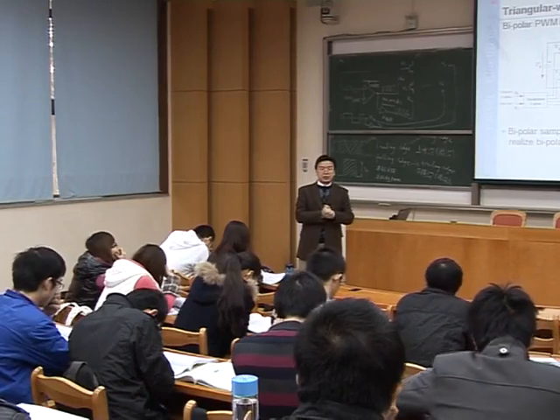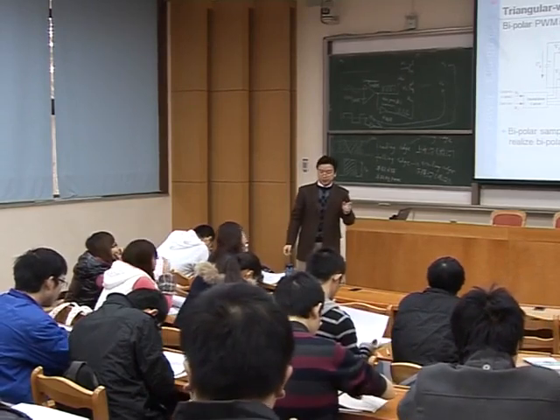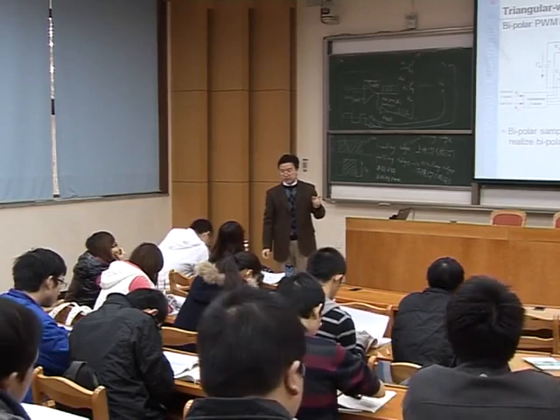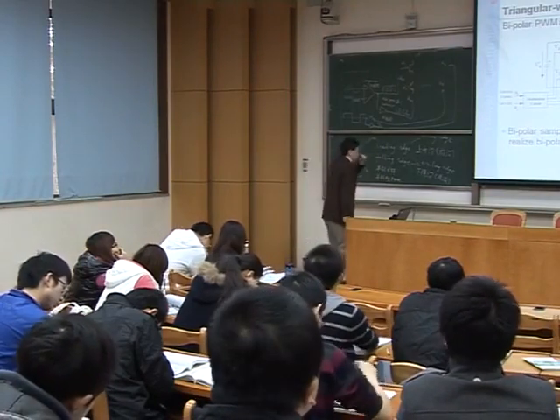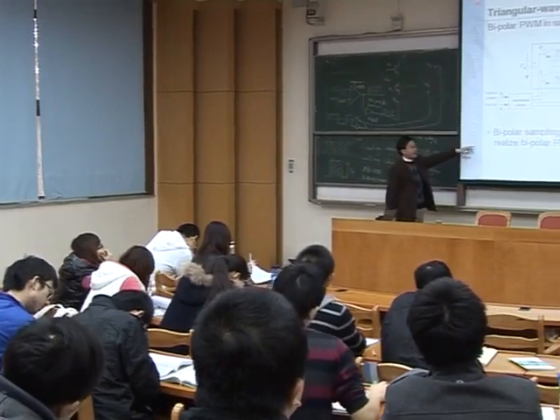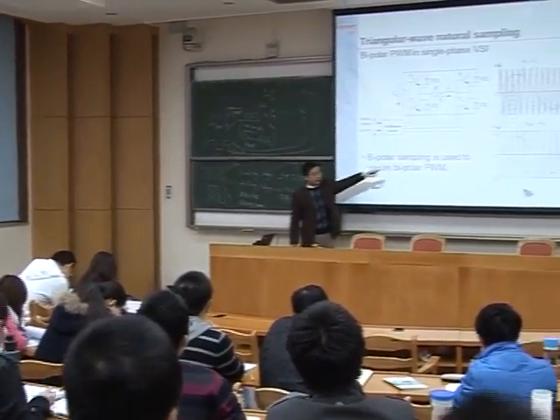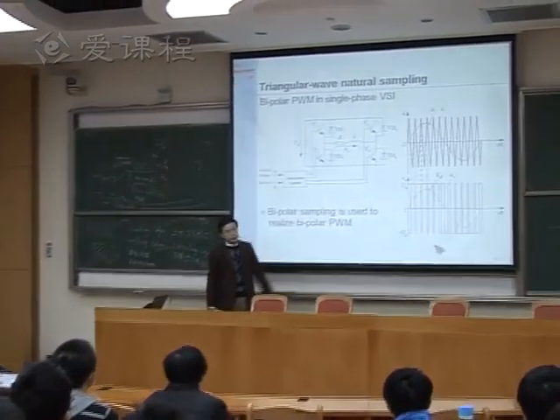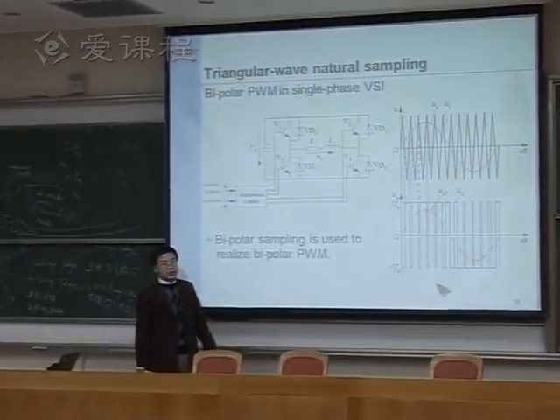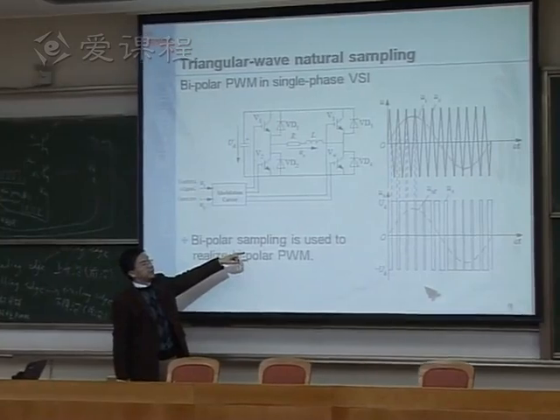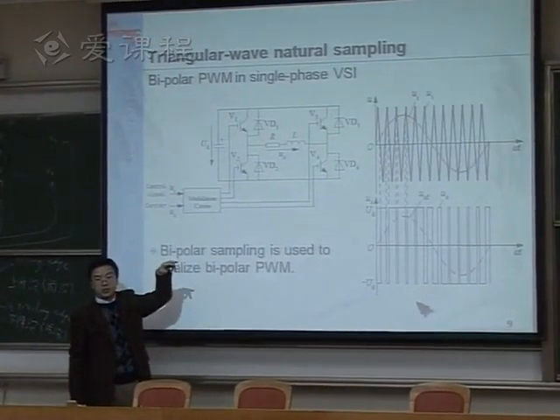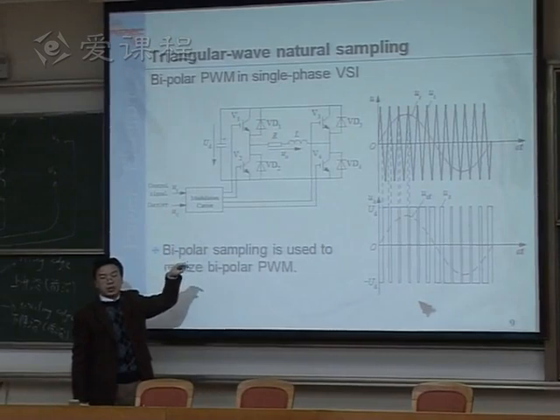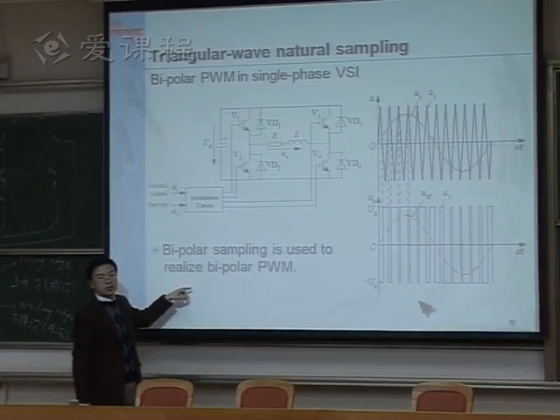But there's one thing I want to point out before we take a break. From our verification, we can see that bipolar sampling, that means using bipolar triangular waves to compare with the modulating signal, can only be used to generate bipolar PWM.